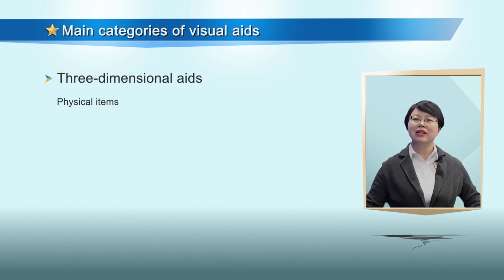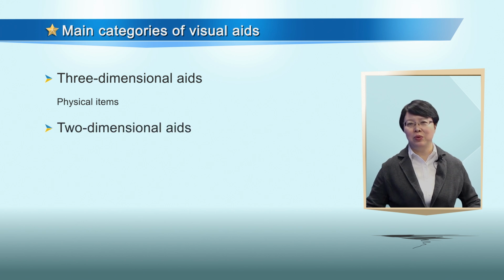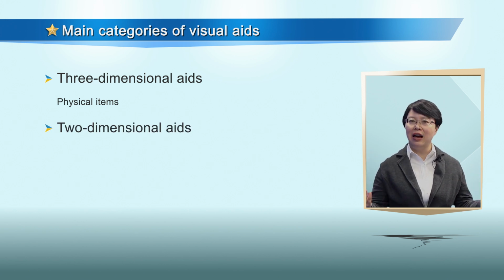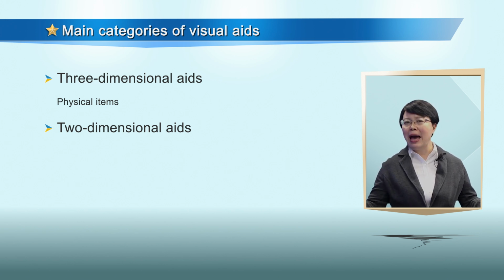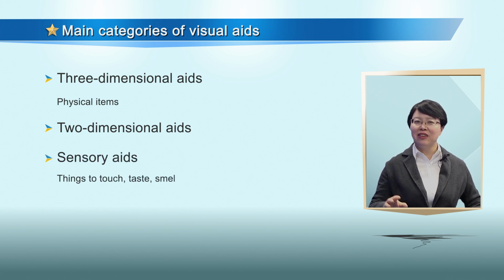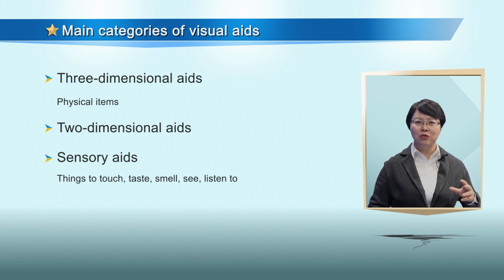Second, two-dimensional aids like pictures, transparencies, slides, graphs, charts, video, film, computer-generated visual aids, maps, or even handouts. Third, sensory aids. They are things to touch, to feel, to taste, smell, see, listen to, such as audio-video clips.